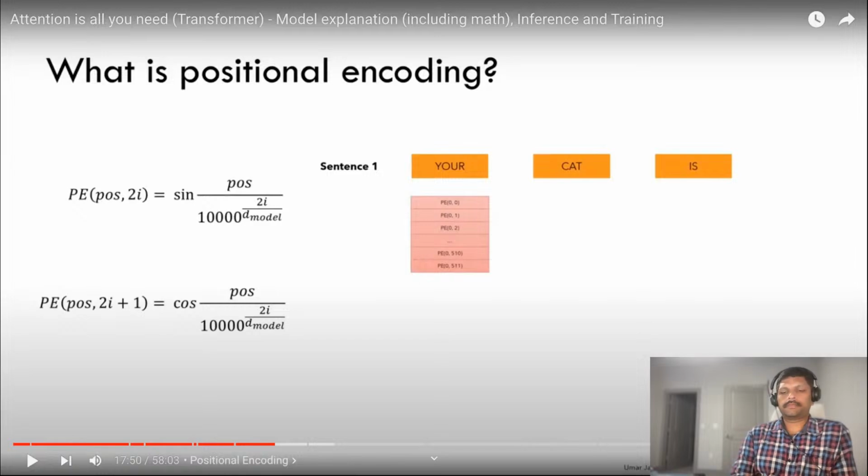Vectors are added to fixed values based on position.